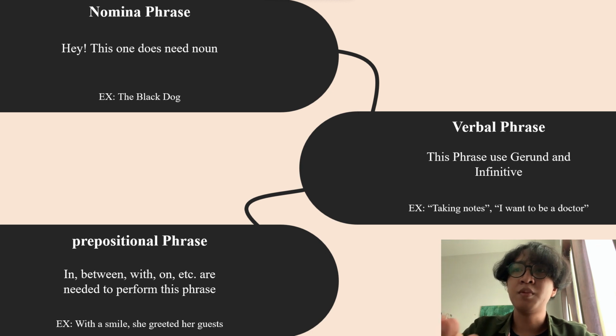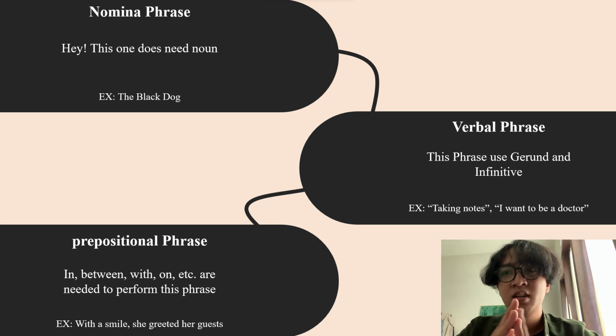Next, we have a verbal phrase. This phrase often, or always, needs to use a gerund and infinitive type to make it perform. What is a gerund? A gerund is some kind of suffix that ends with -ing.